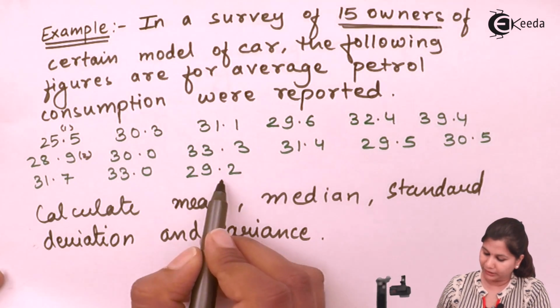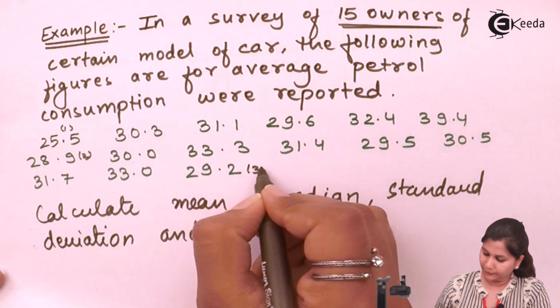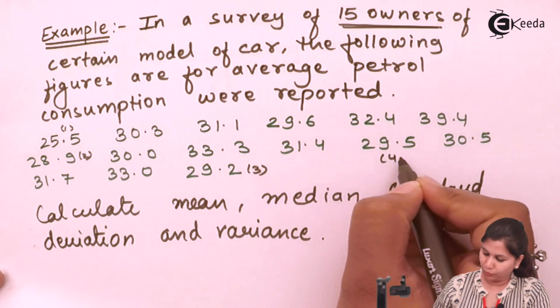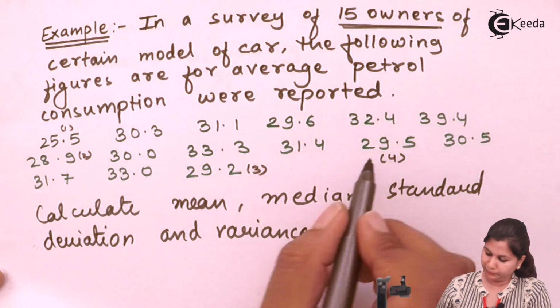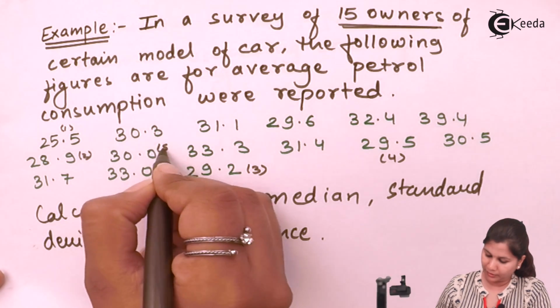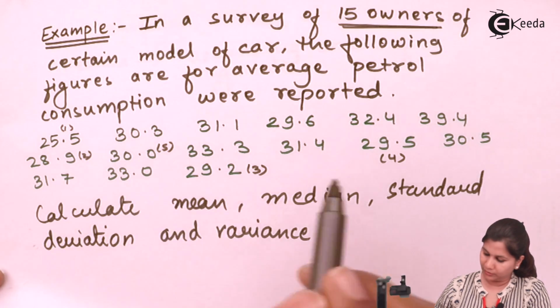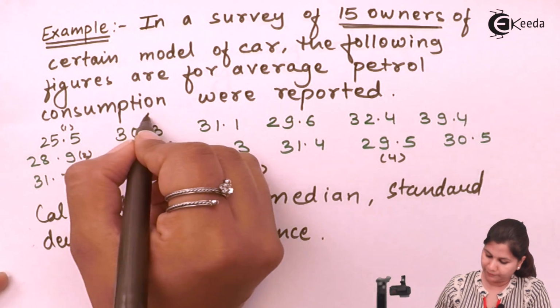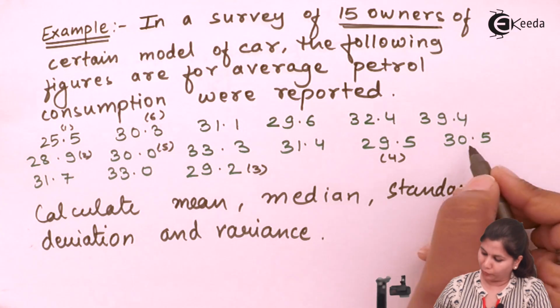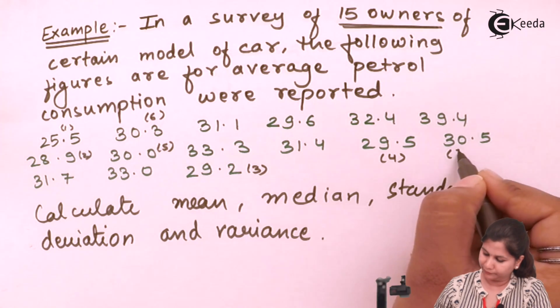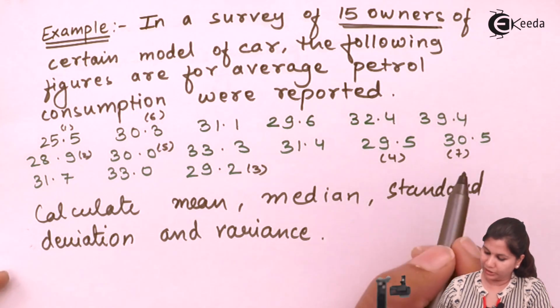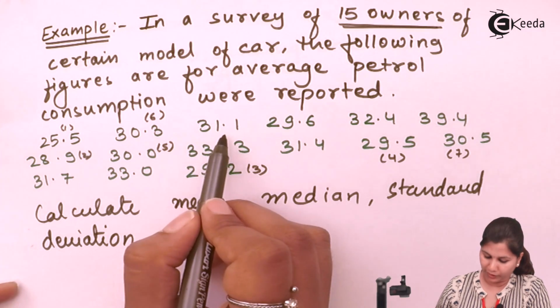Then we have 29.2 third, 29.5 fourth, then 30, then 30.3, then 30.5, and after that we have 31.1.